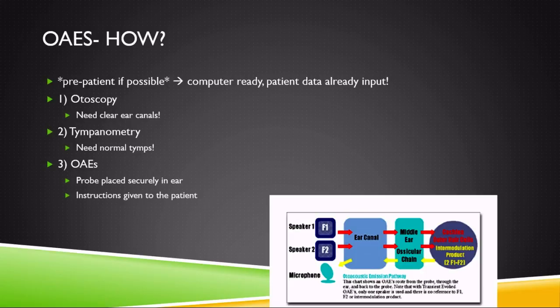Then you need to give instructions to the patient, something along the lines of, you're going to hear some tones or some chimes, I just want you to sit quietly while you listen to them. Otherwise, especially if you've already done pure tone testing, the patient's going to want to tell you every time they hear something. And then you just run the OAEs. Ideally, you would run them twice on each side to be sure that it's a true response.